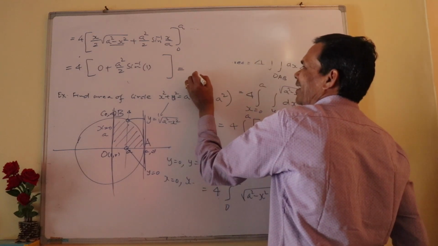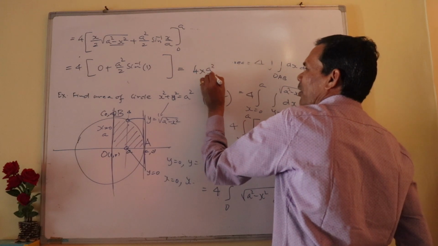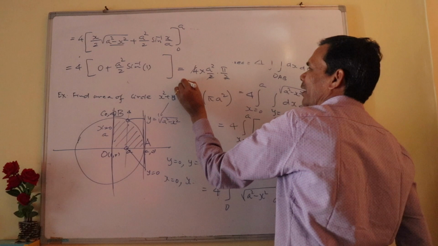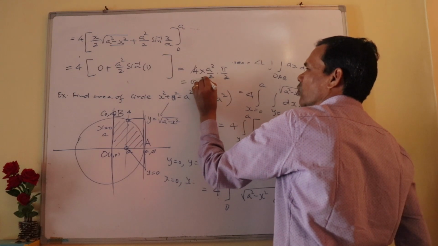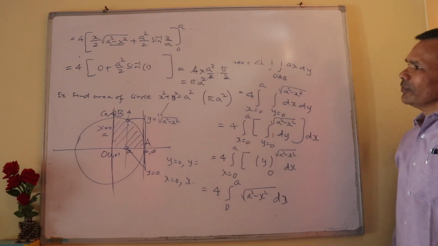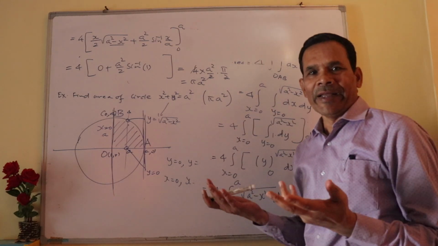So you are getting this as 4 times a square divided by 2 into pi by 2. So this 2, 4 gets cancelled. Pi a square is the area of the whole circle. So this is the way you can find out area by using double integration.